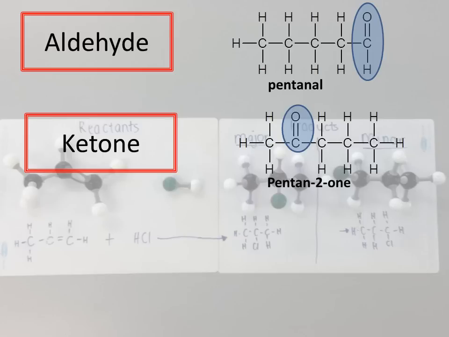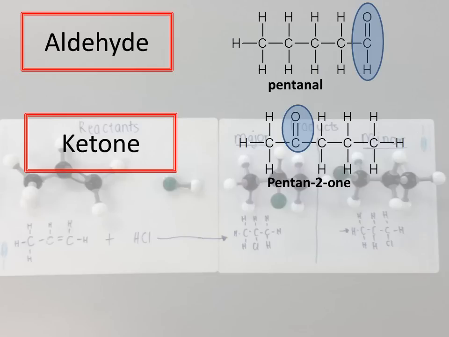In this case, it's pentan-2-one. Just looking back at the aldehydes, because an aldehyde is always at the end of a carbon chain, it never has to have a number to say where it is. Ketones don't really undergo any reactions that we look at in year 13 chemistry, but aldehydes do.